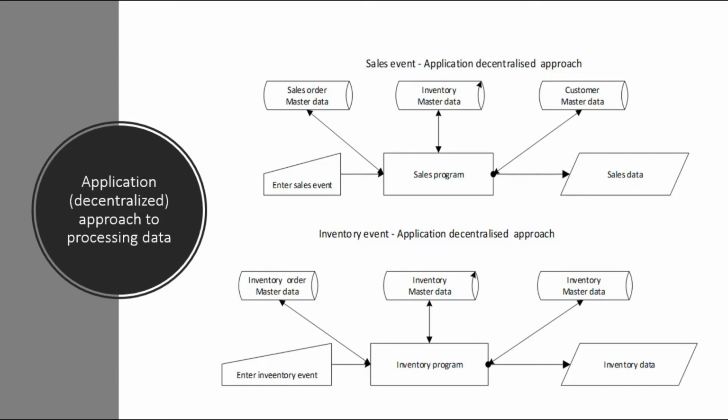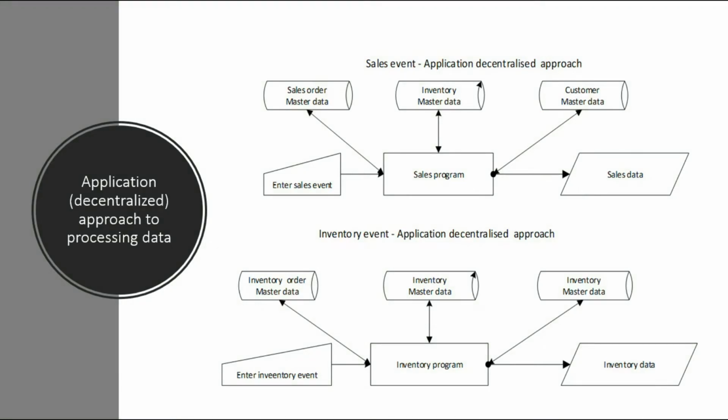So a graphical illustration of the application approach to processing data is, if you take a sales program, it will have a sales order, then inventory, and then the customer. But each aspect of the events here, sales order, inventory, and customer, will have its own master data file.